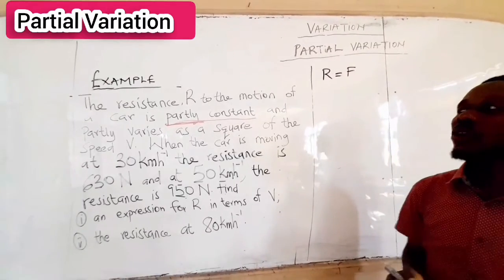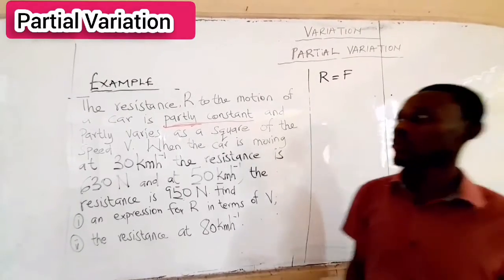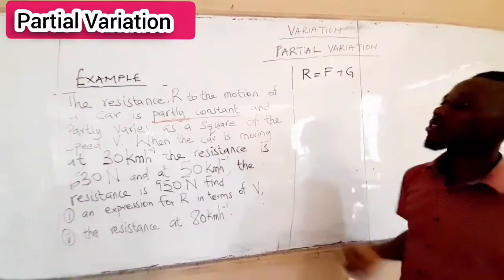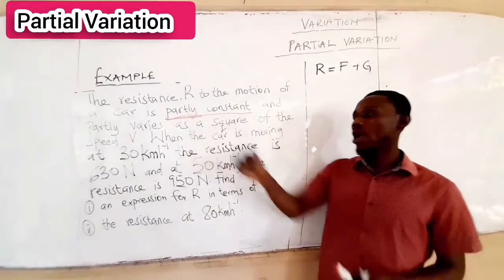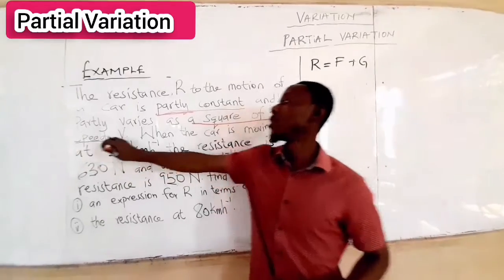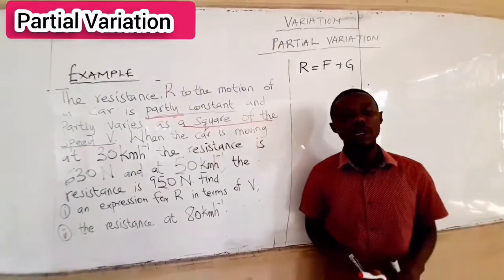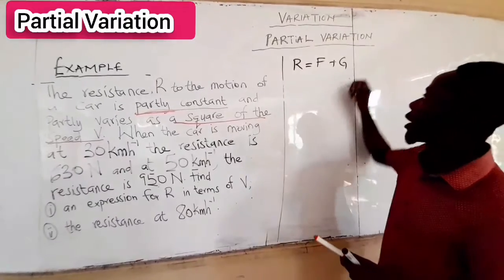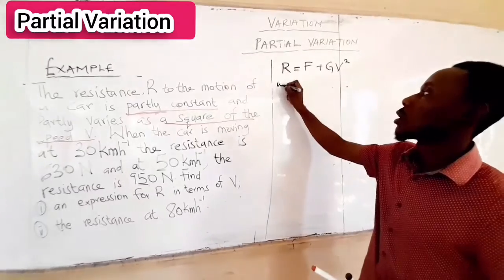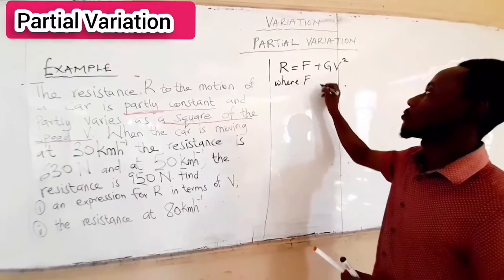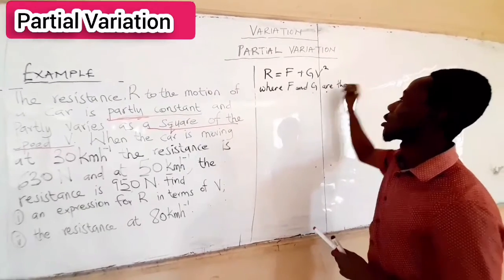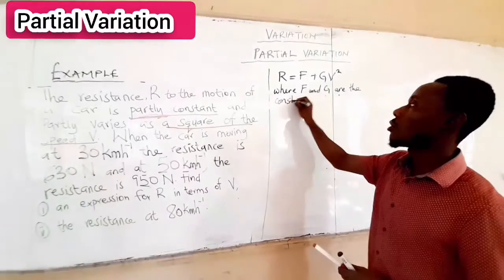Let's make our constant F. And partly varies, another constant, let's make our constant G, as the square of the speed V. So the speed given here is V. So we have V squared. F and G are the constants.